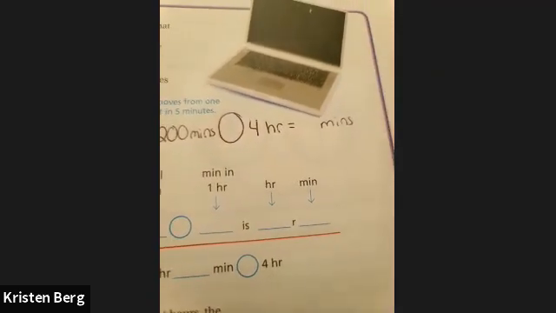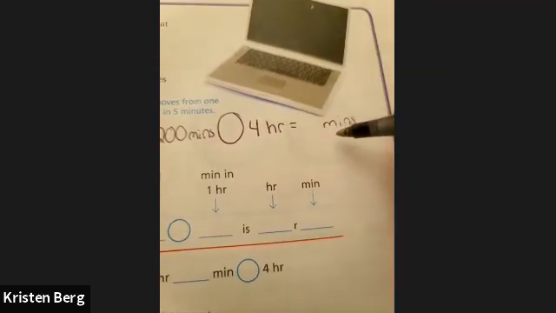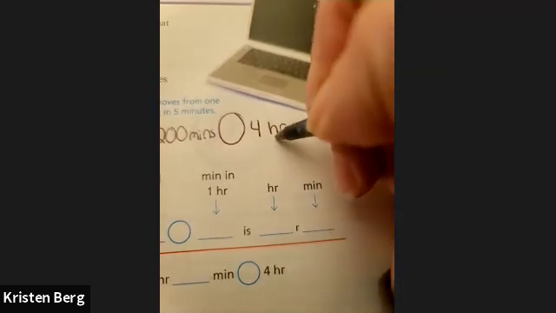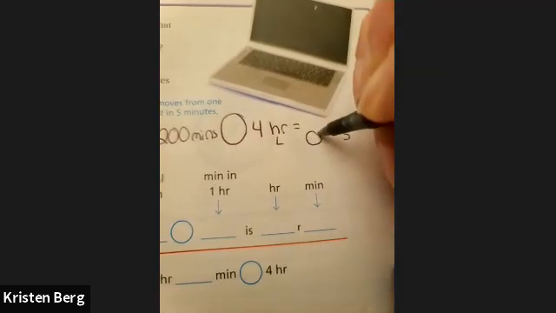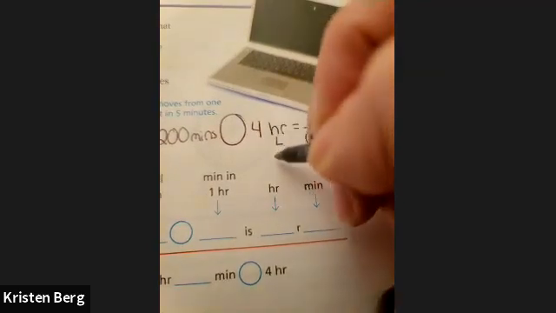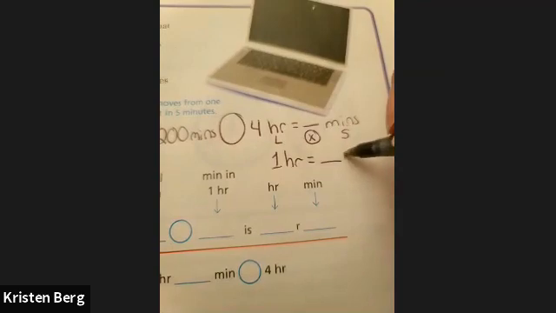The book is going to make you go to hours, so I'll show you both. If I am changing this to minutes, I am going from a large unit to a small unit. So that means I'm going to be timesing. So then 1 hour equals how many minutes?